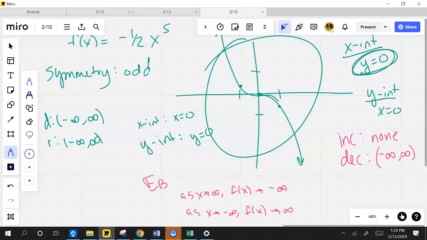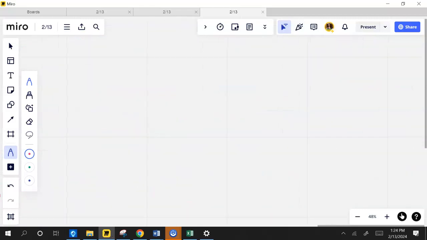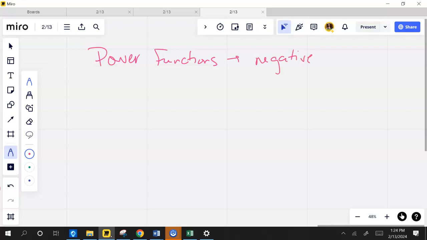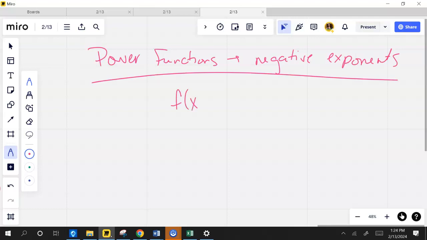Oh, good. All right, let's look at power functions with negative exponents and what happens. It's fractions, that's right. So let's think about if I had something like x to the negative 2.